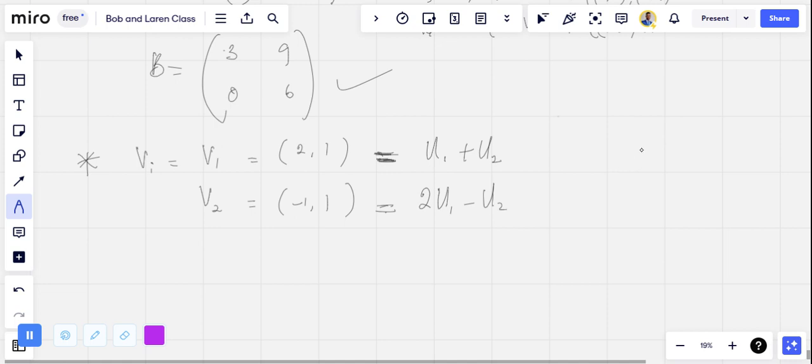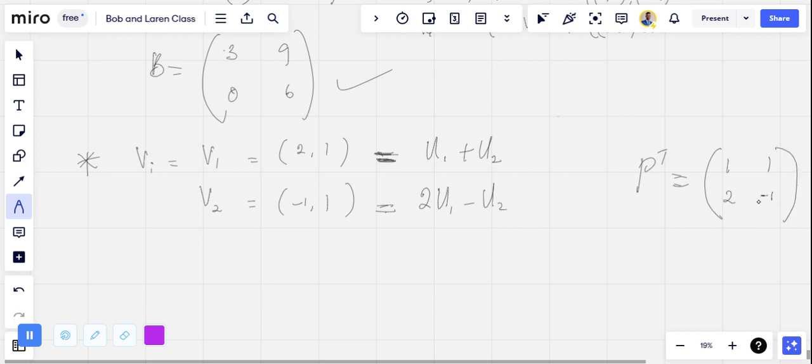And I think the transition matrix is, that should be PT that we are looking for. My PT here, whatever appears as the coefficient, I can see 1, 1, 1, 2, minus 1.